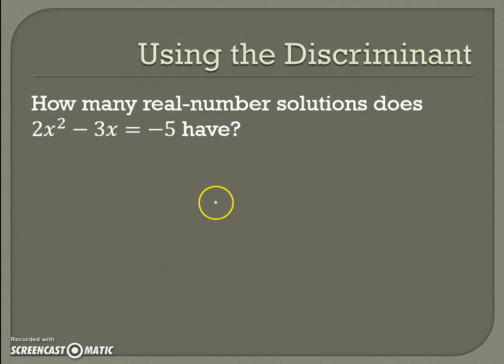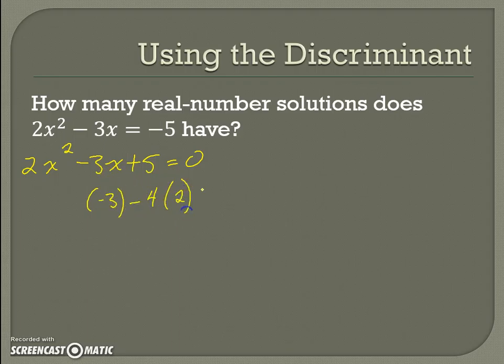So how many real number solutions does 2x squared minus 3x minus 5 equals 0 have? Well, first of all, let's get it in standard form. And then all I'm going to use is that b squared minus 4ac part.